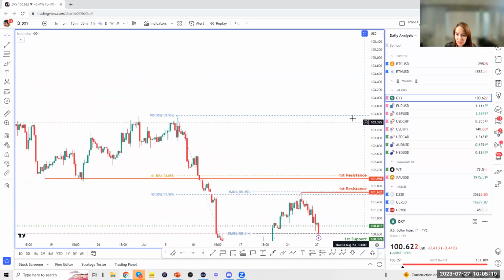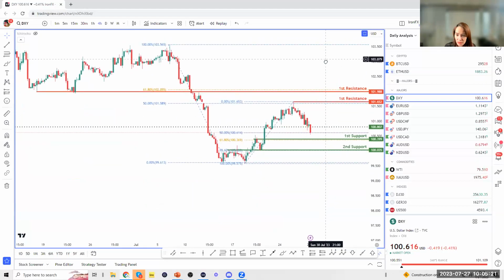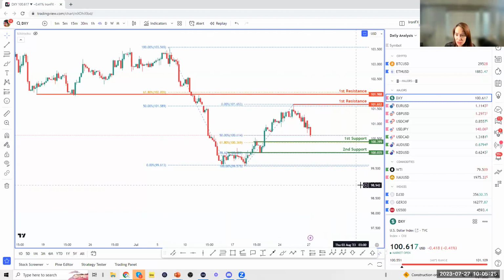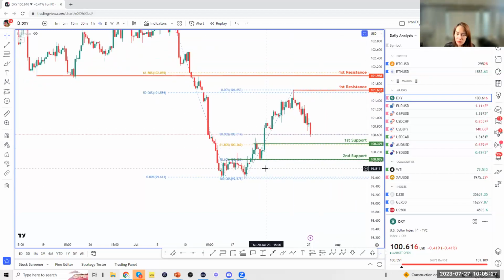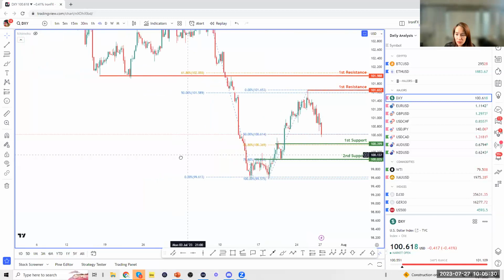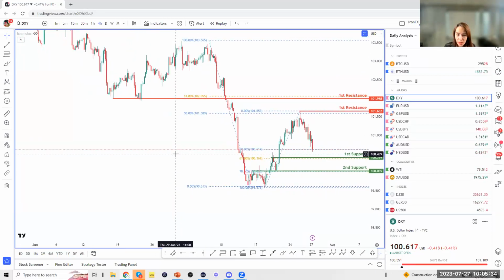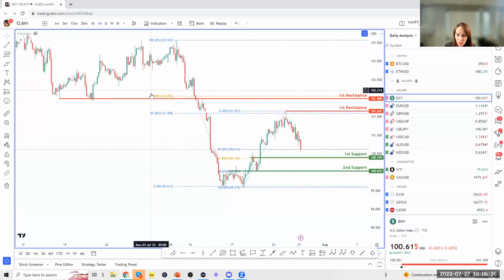What you can see over here is my support and resistance. I draw my support and resistance based on the level.